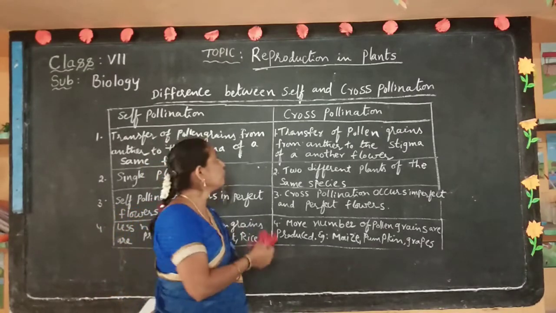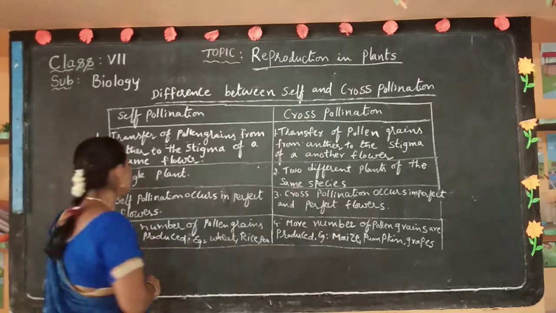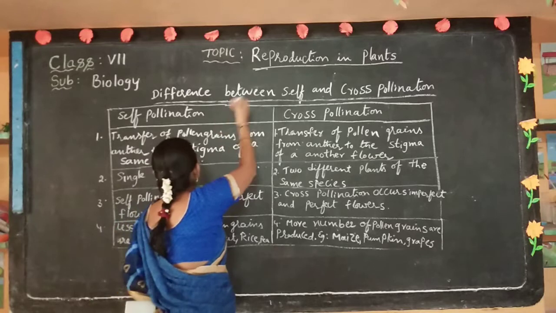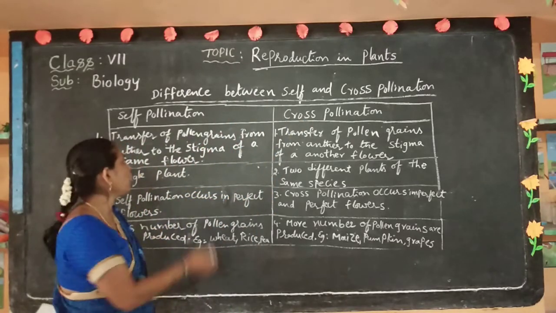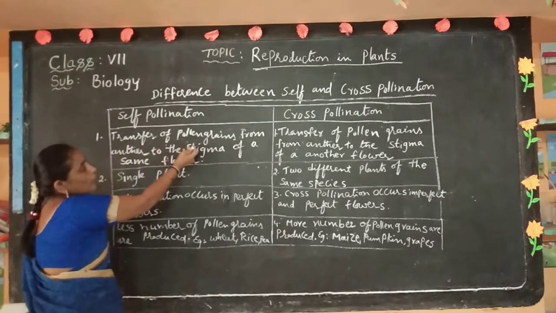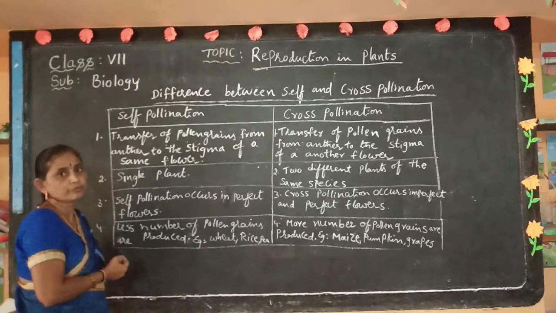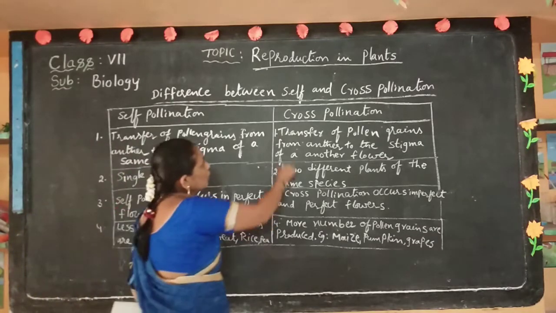Let us now discuss the topic: the difference between self and cross-pollination. Transfer of pollen grains from anther to the stigma of the same flower is self-pollination.